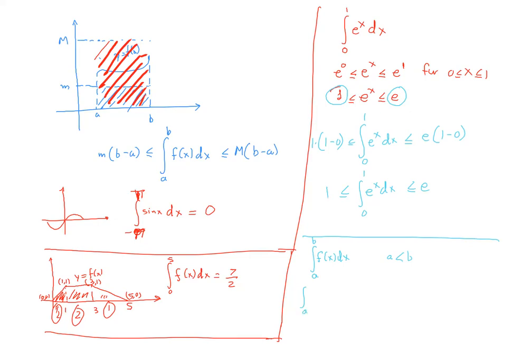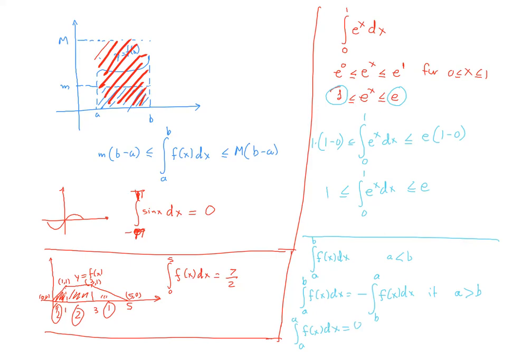So we can write that the integral from a to b of f of x dx is minus the integral from b to a of f of x dx if a is greater than b. And we can also define the integral from a to a of f of x dx to be 0.